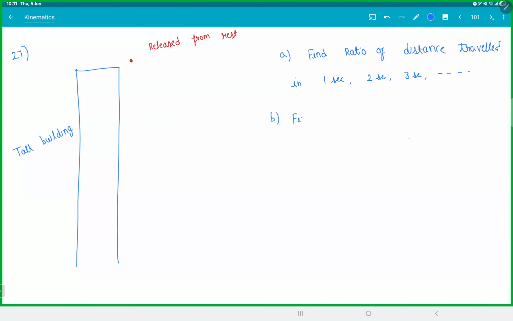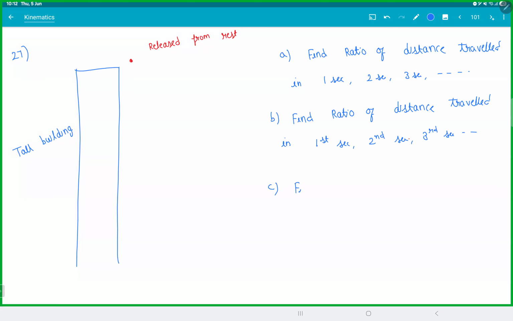Second question: find the ratio of distance traveled in the first second, second second. Now this is different. Third second, and so on.